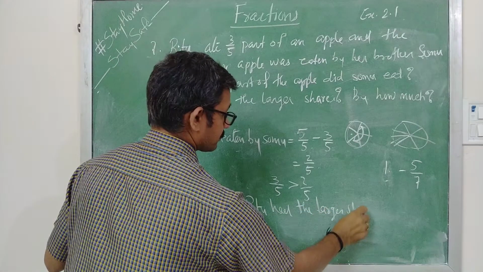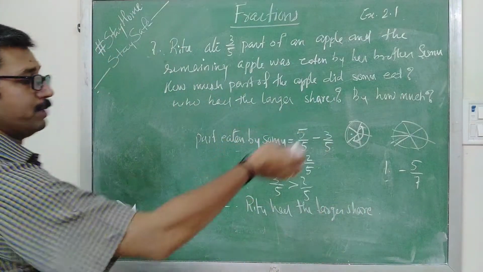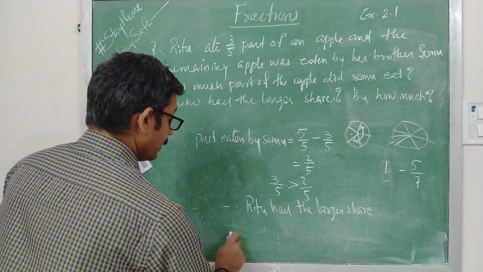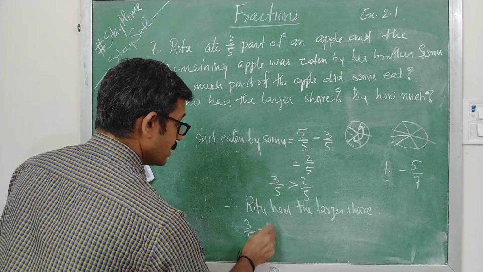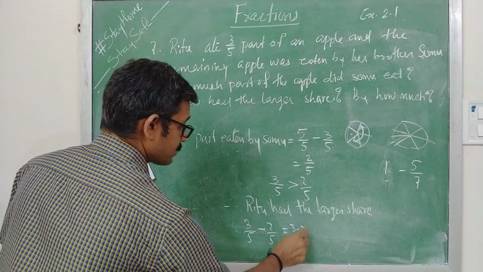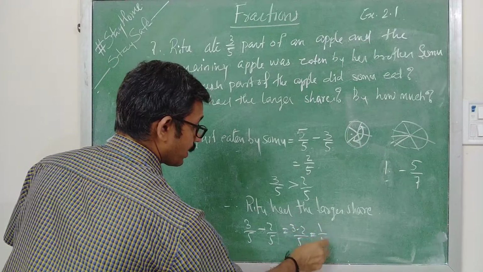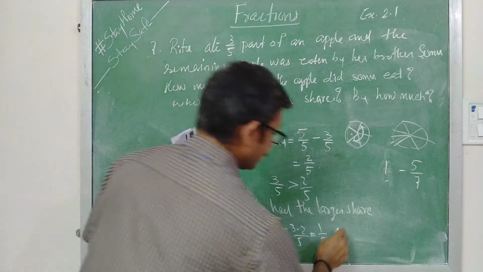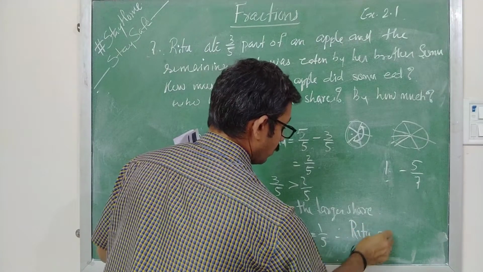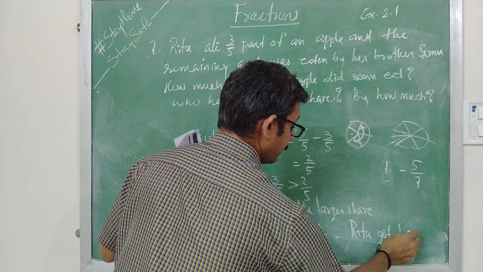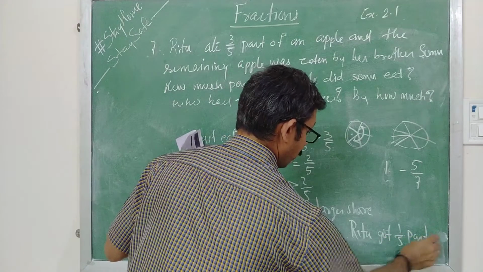Got it? Now, by how much? We have to subtract: 3 upon 5 minus 2 upon 5, that is 3 minus 2 upon 5, which is equal to 1 upon 5. So we can say that Ritu got 1 upon 5 part more.